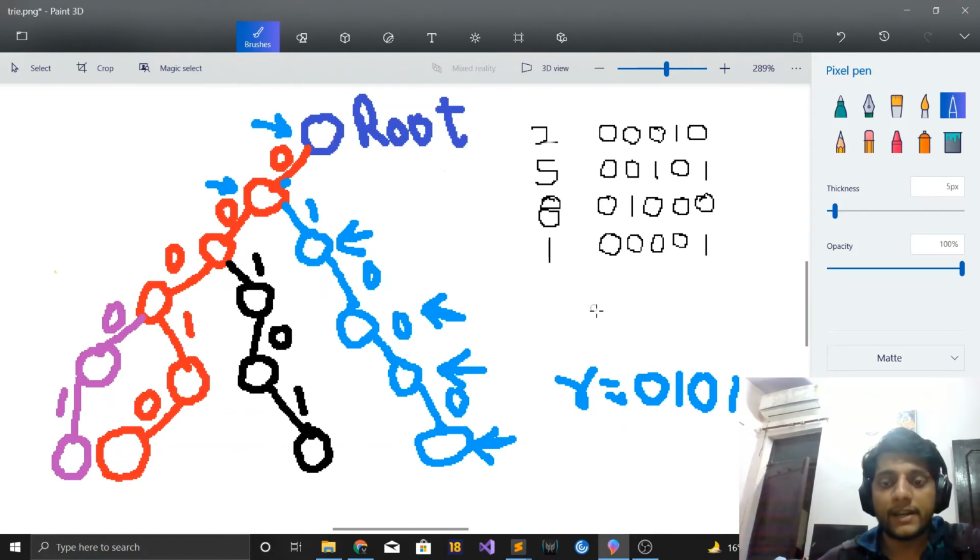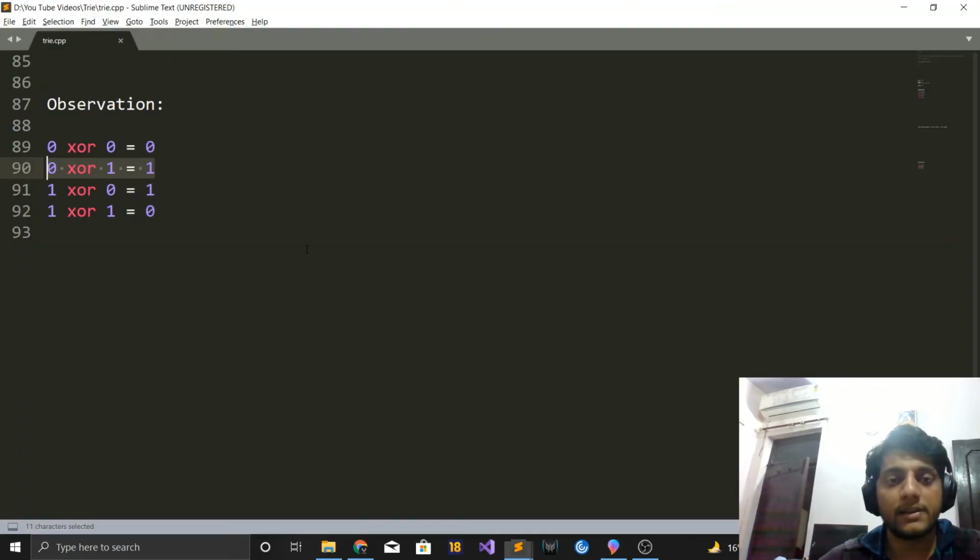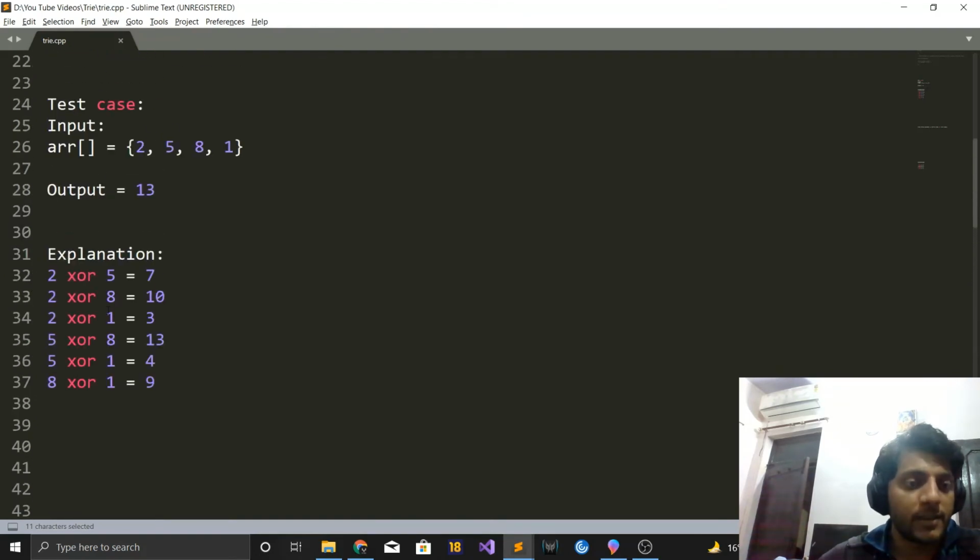So 2 XOR 8 gives us 10, and that is the maximum you can get. You cannot get a number bigger than 10 by XORing 2 with any other number. If you XOR 2 with 5 or 1, you won't get anything greater than 8. You can clearly see here all the pairs I had generated for 2. 2 XOR 8 is the one which gave us the maximum XOR value for 2, that is 10.